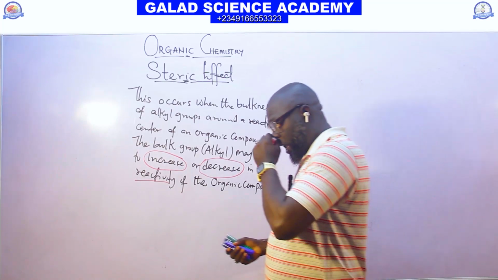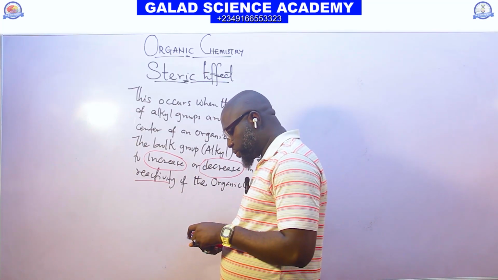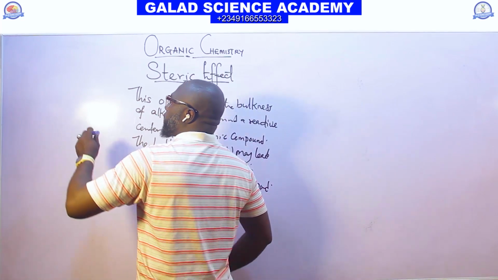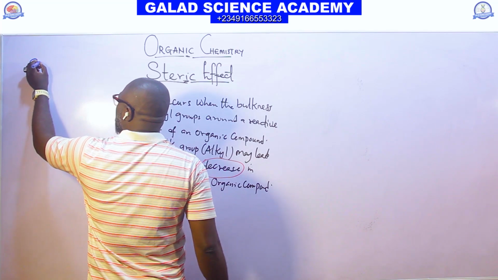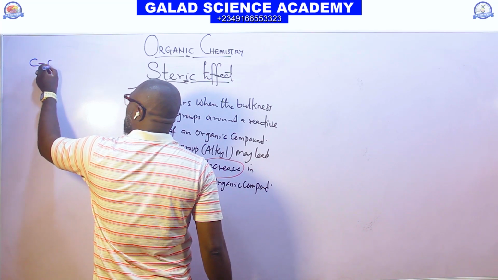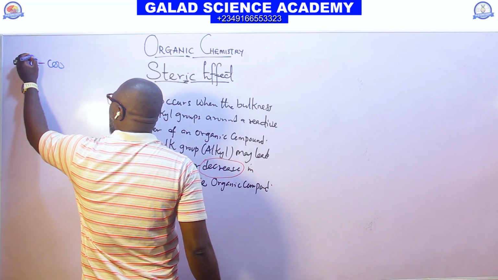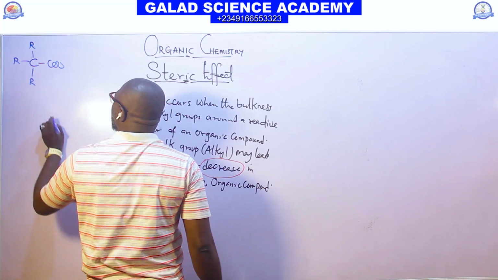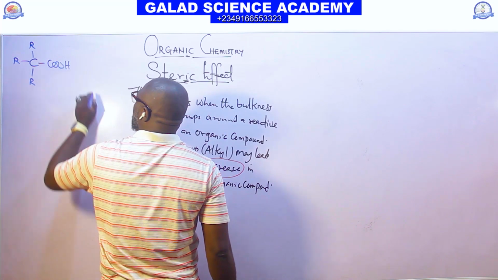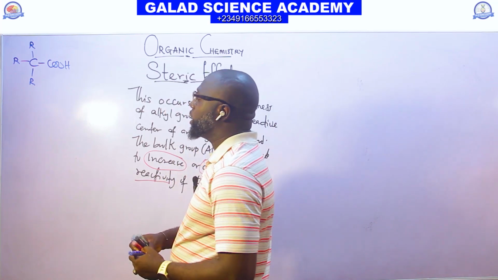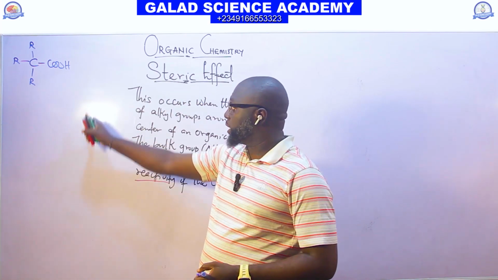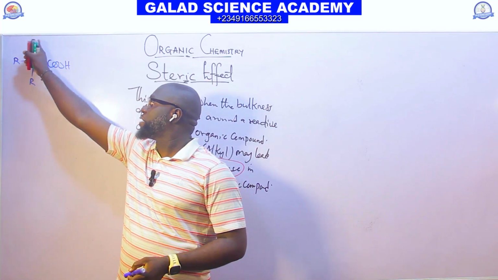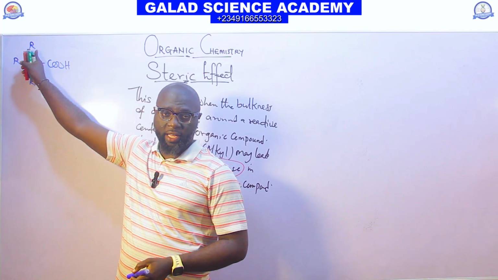Take for instance, let me use this side. If we have an organic compound of this COOH, here we have alkyl group, alkyl group, alkyl group. This is carboxylic acid, and we have how many alkyl groups here? Three.